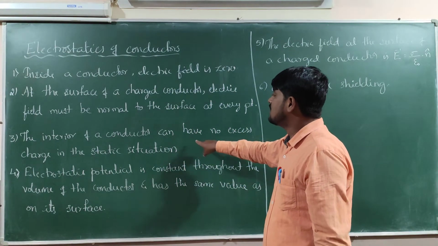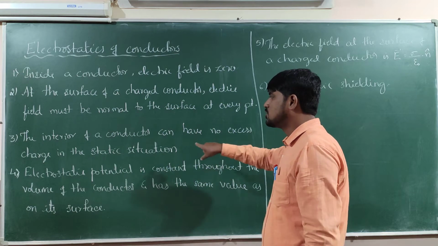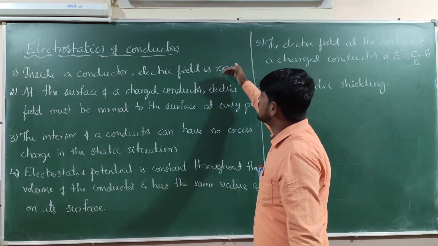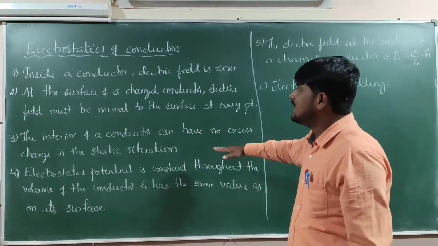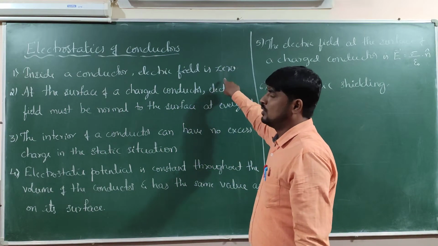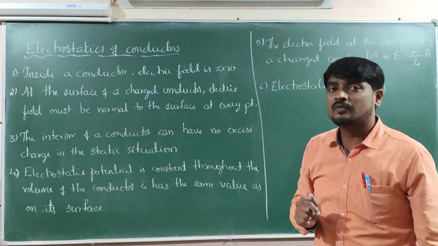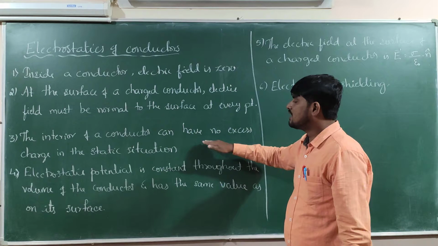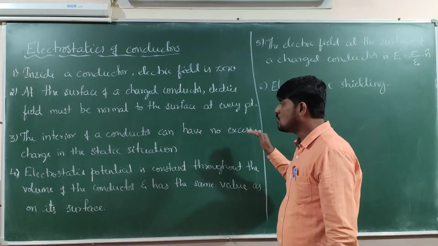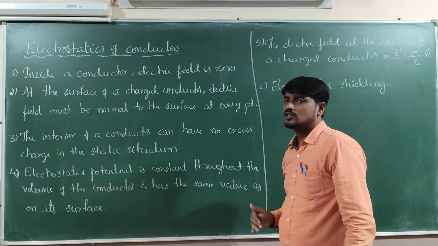The interior of a conductor can have no excess charge in the static situation. Let us see point number 1 and point number 3. Look at this. They are saying here, electric field is 0. At what condition is electric field 0? When Q is equal to 0. Now read the point. The interior of a conductor can have no excess charge in the static situation.